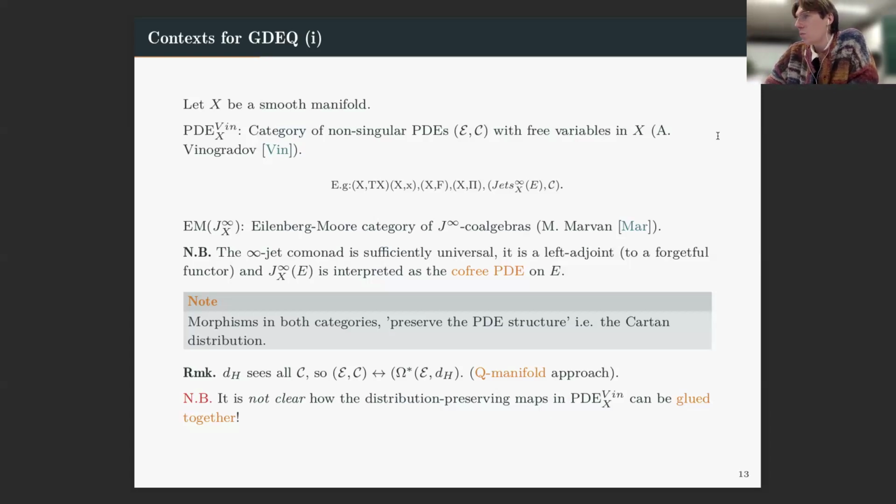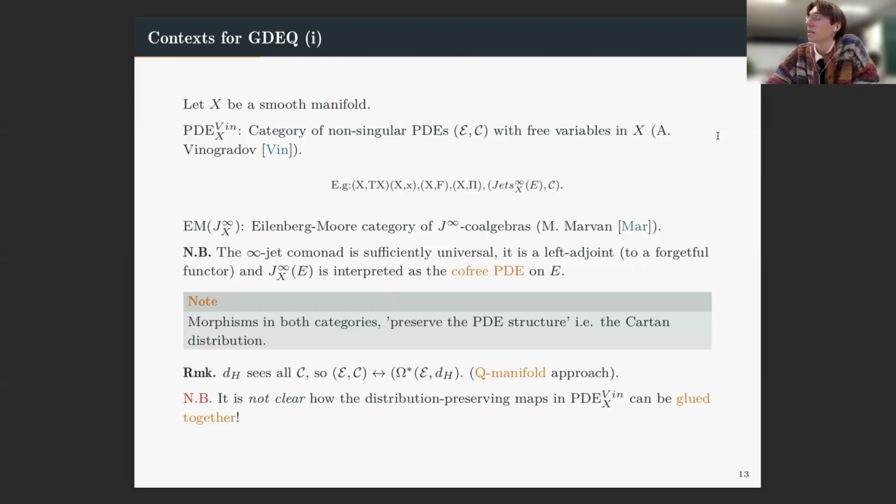And what's very convenient in this setting, which I note here, is that obviously morphisms in both of these categories preserve the important structure in our PDE, which is this Cartan distribution. The way they're defined in the Vinogradov category as these distribution preserving maps, it becomes very difficult once we try to do some kind of homotopy theory of these objects. And how do you glue together, pasting these objects in a homotopy coherent way?